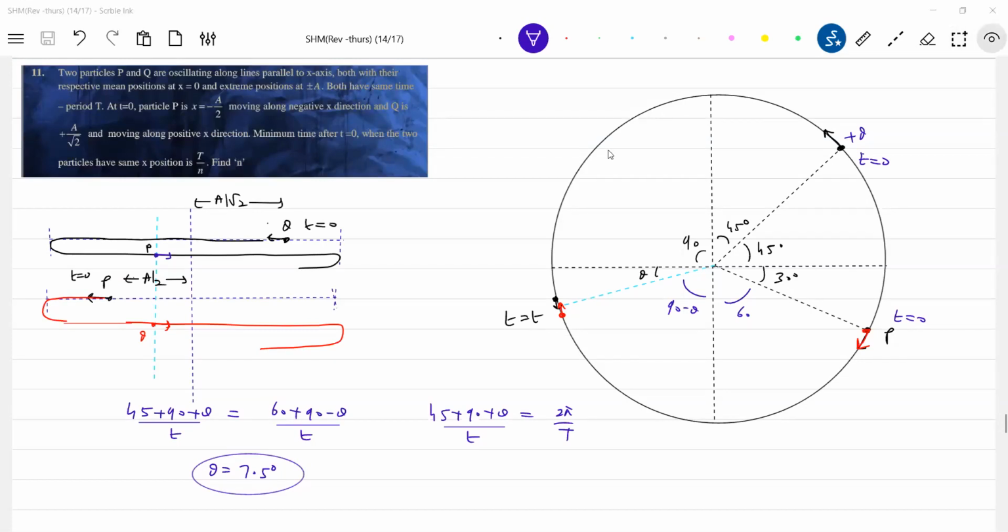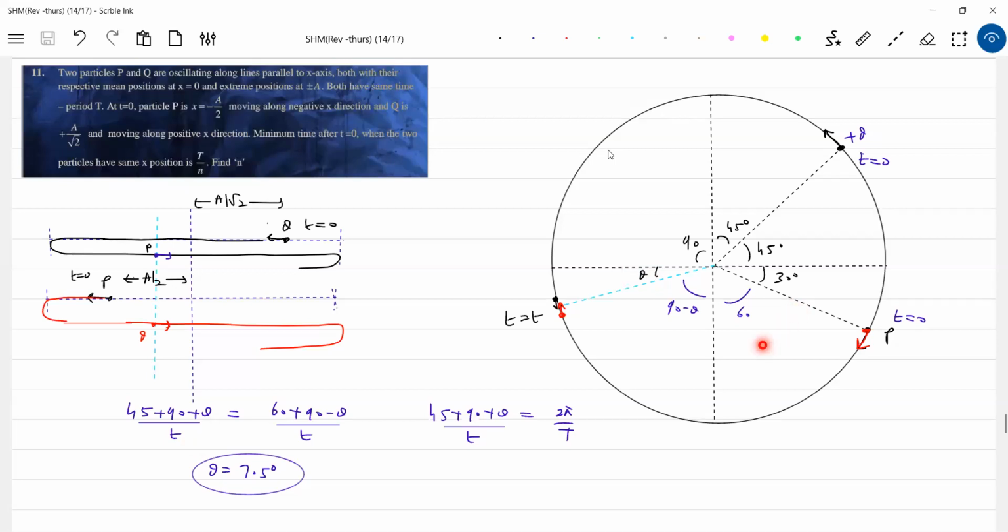I'm not equating velocity here. These are not velocities, they are angular displacements. Angular displacement by time taken should be equal to angular displacement by time taken, because the projections of P and Q will be executing SHM. This is like uniform circular motion. It's the wrong idea to equate angular velocity; it's a graphical method. How much angular displacement will Q have? 45 plus 90 plus theta by t.